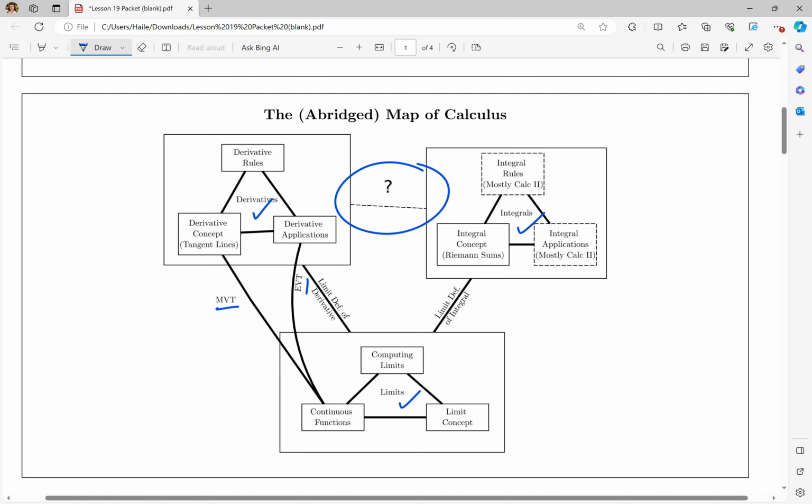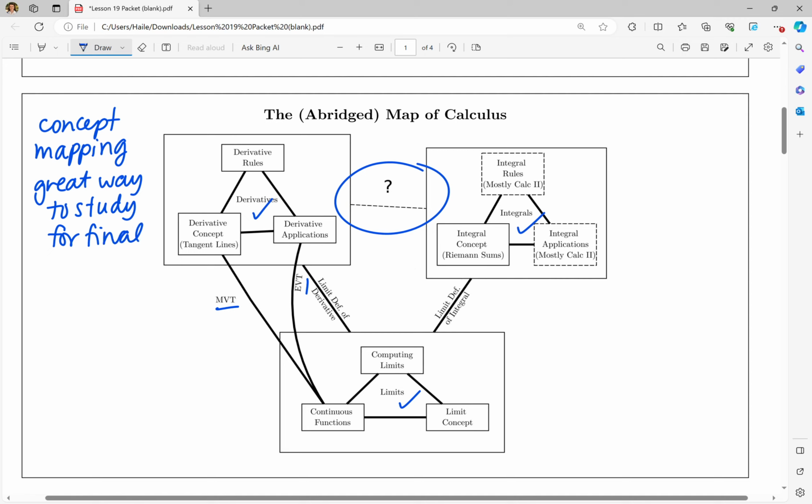One side note before we move on, this map situation on the screen is what's known as concept mapping. You can look that up. It's a very common thing to do, and it is a great way to study for your final. It allows you to organize topics in a way where you see the interrelationships between them so that there's less to memorize.